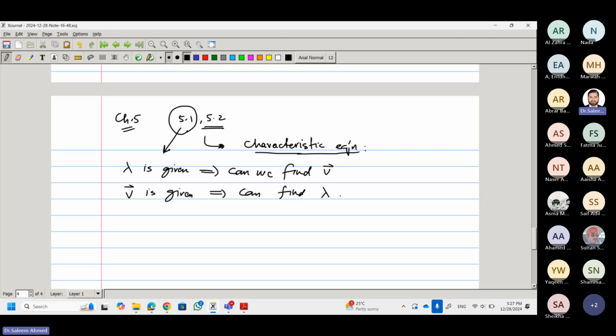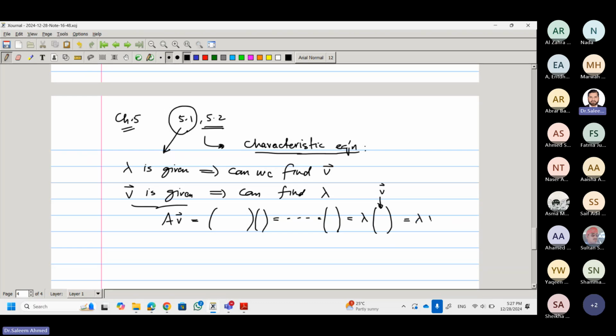Second one is very easy. If v is given, you will just multiply A with v. You will multiply the matrix with the given vector. You will simplify, you will get a vector only. Now try to write some lambda outside, which gives you your vector v back.